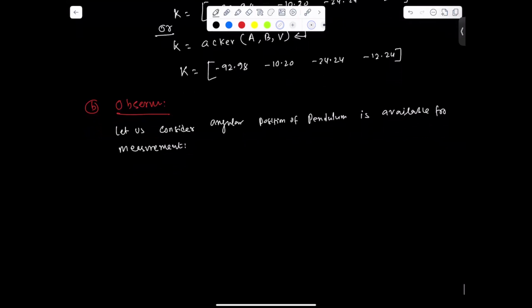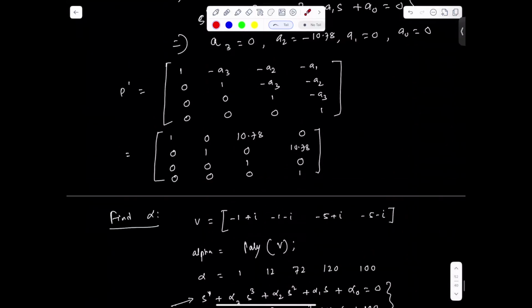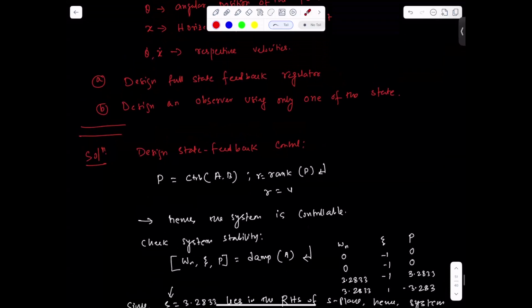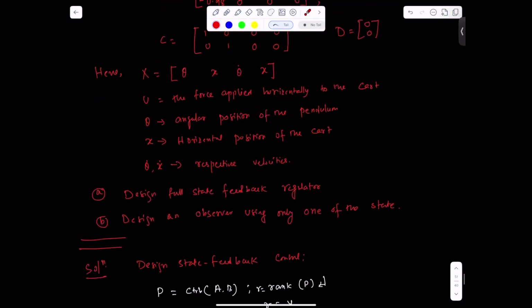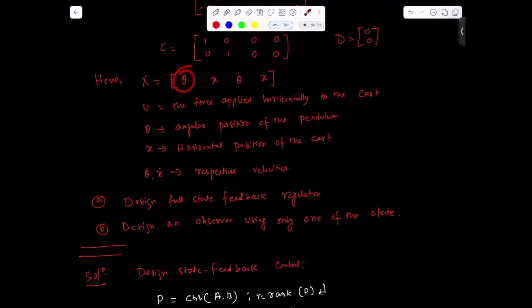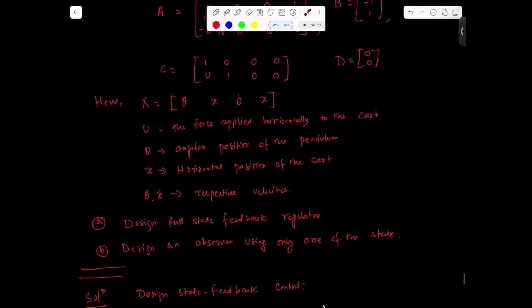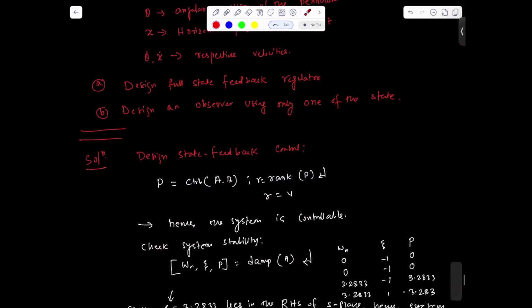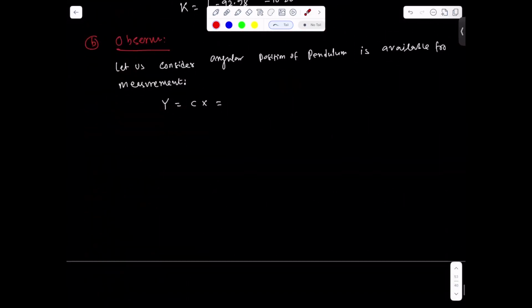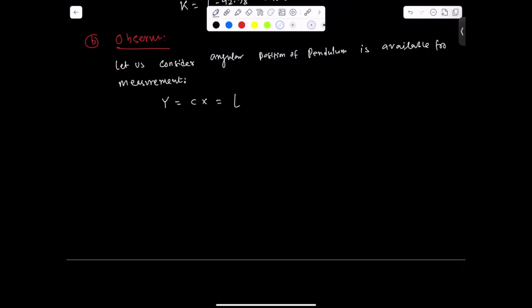If it is available for measurement, then we can find y equal to Cx, only the angular position part. In the state vector, the angular position is theta, so we can redefine the C matrix as 1, 0, 0, 0.